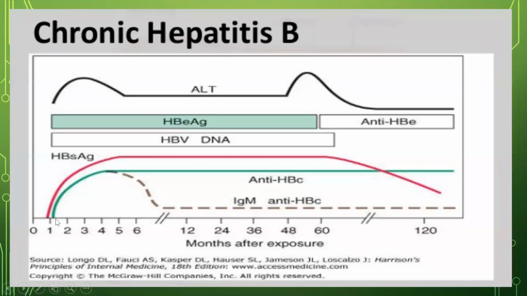It takes time for immunoglobulin M to appear, usually after 4 months of acute infection, and they are high during this acute phase. During the chronic phase, you can find them, but their level will depend on the viral load in the body.